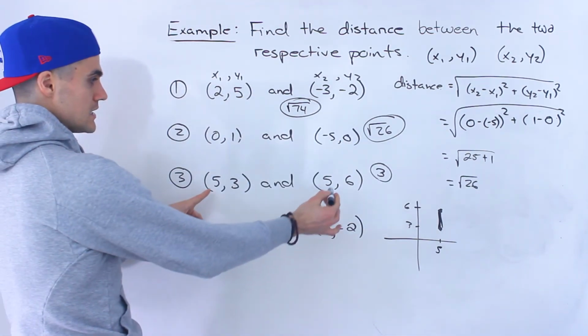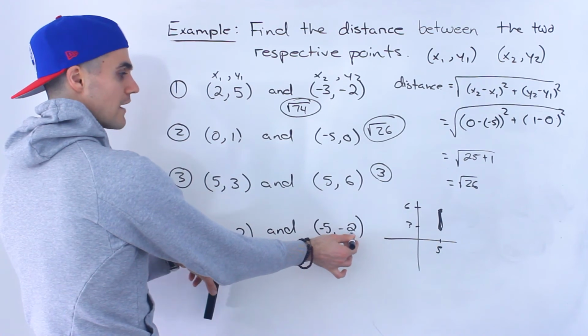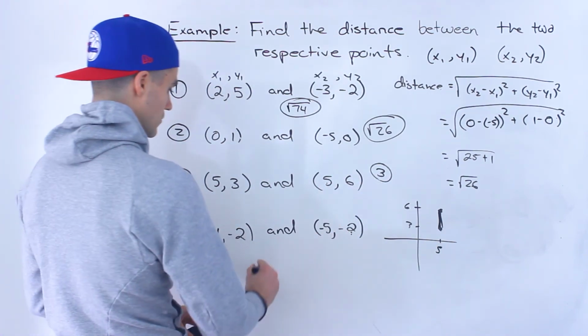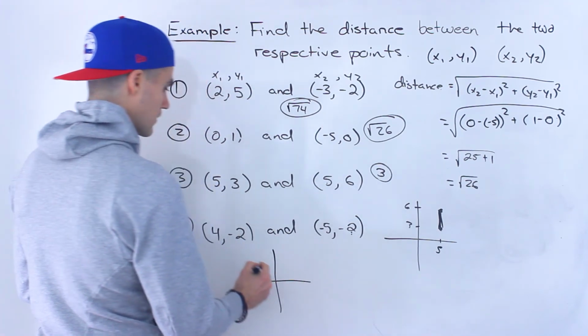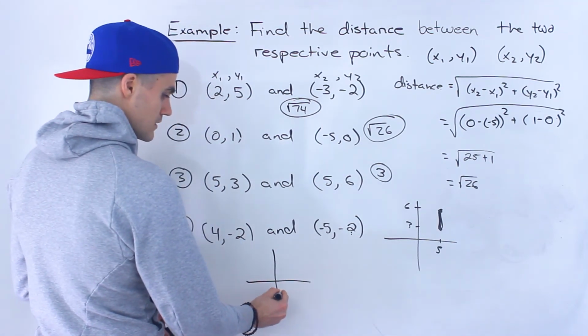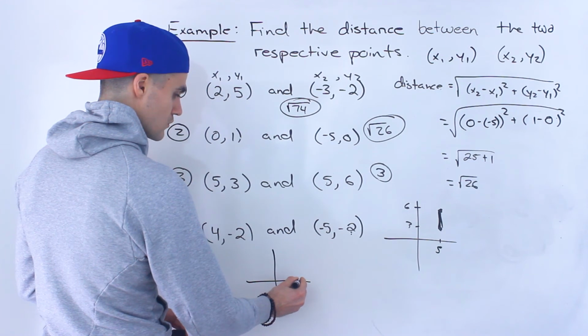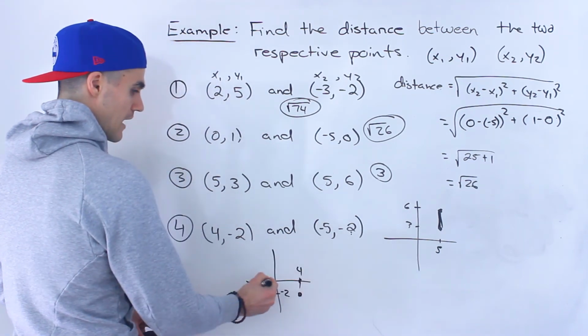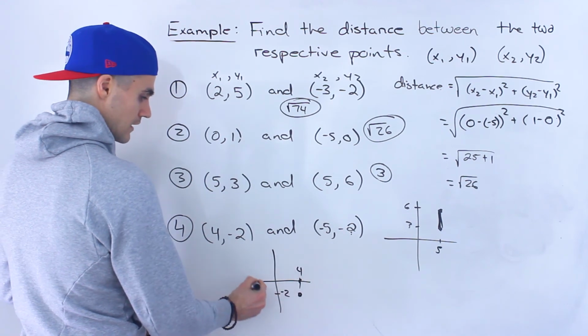But whenever I see the same x value or the same y value, like over here, I like to just visually think about it. It's a lot easier. So over here, we have 4 and -2, and -5 and -2.